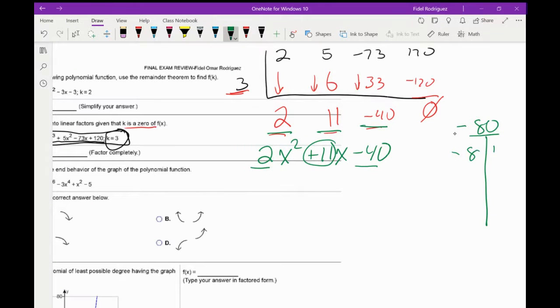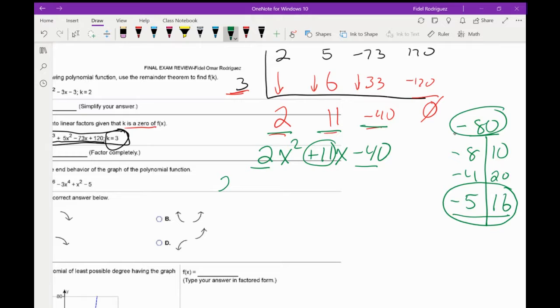We can try negative 8 and 10, but that's not going to work. I might try negative 4 and 20, and that's not going to work. What about a negative 5 and a 16?